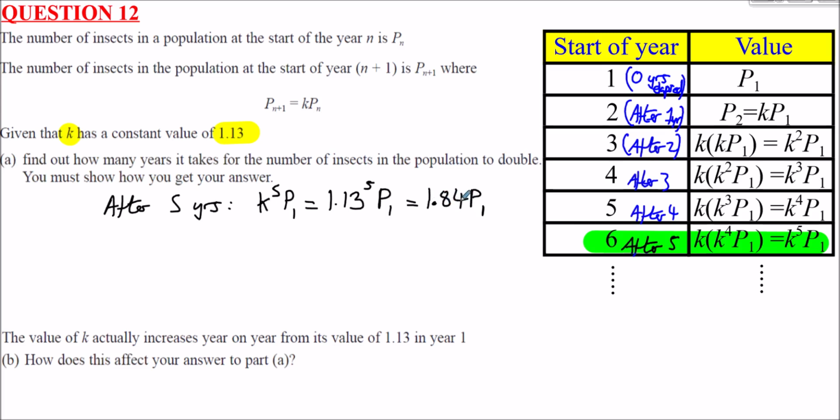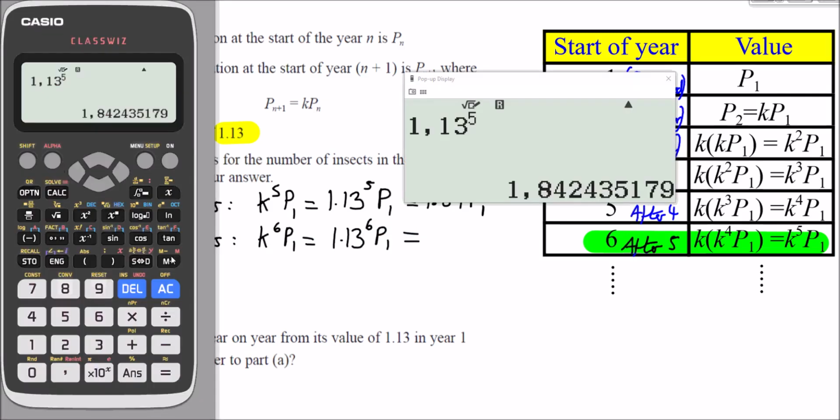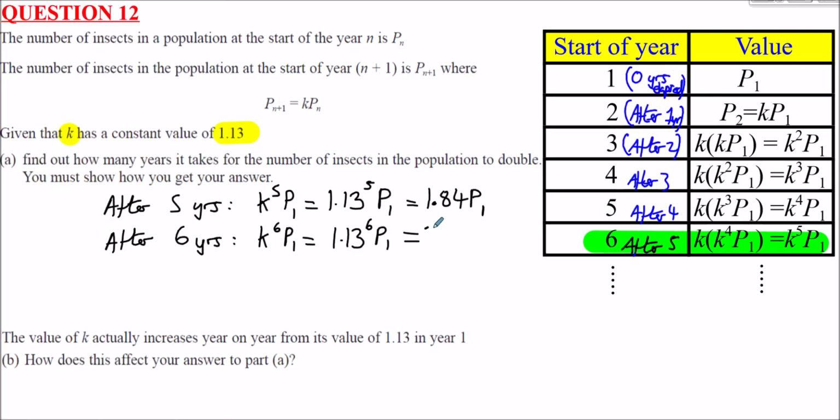So that isn't doubled yet, but after 6 years, the value will then be k to the power 6 p1, which is 1.13 to the power 6 p1. 1.13 to the power 6, I can just multiply that value there by another 1.13. This time I get 2.08.